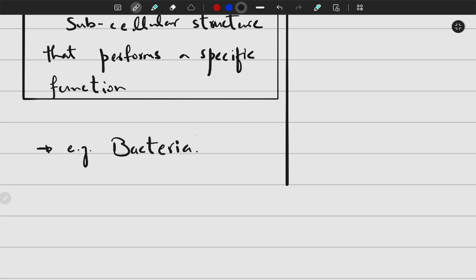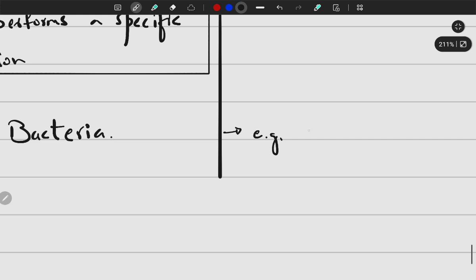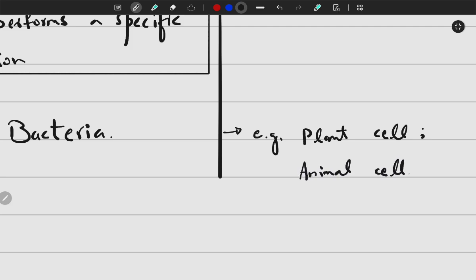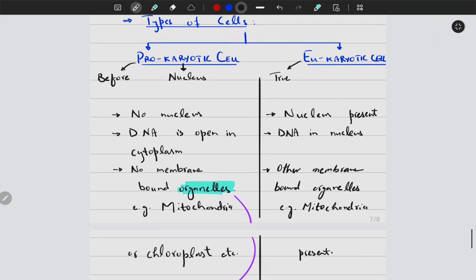Number two, best example is bacteria. And in terms of eukaryotes, the best example would be like plant cell or maybe animal cell, including human cells. So that's the major difference between prokaryotes and eukaryotes.